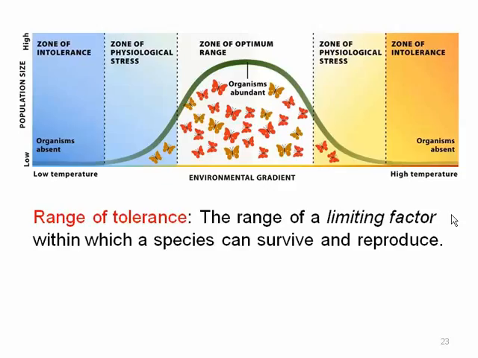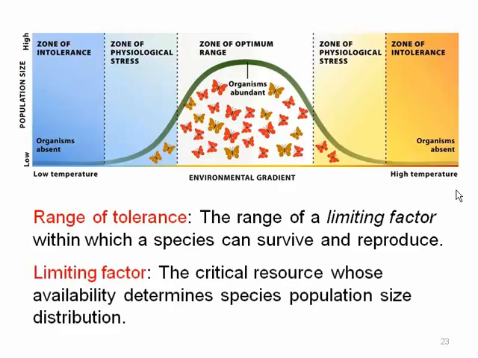And then when it gets very cold, say freezing conditions, or very hot, high temperature, the butterflies in this example simply cannot survive. So this gives rise to the notion of a range of tolerance. And this is the range of the limiting factor within which the species can survive, thrive, and reproduce. Okay, so the limiting factor is, in this case, the temperature, because temperature obviously places some fundamental constraints on where the butterfly in this example can survive.